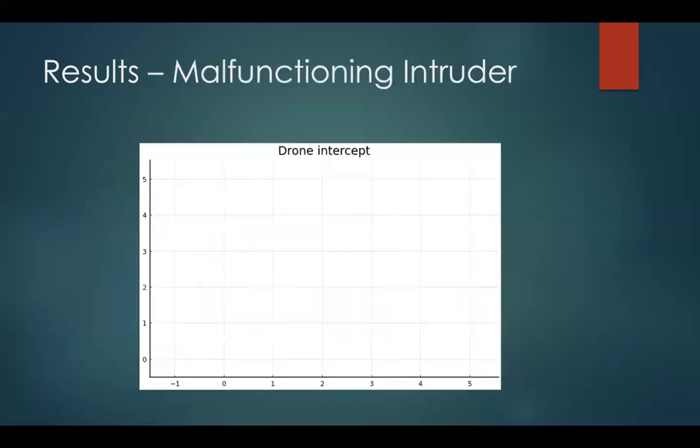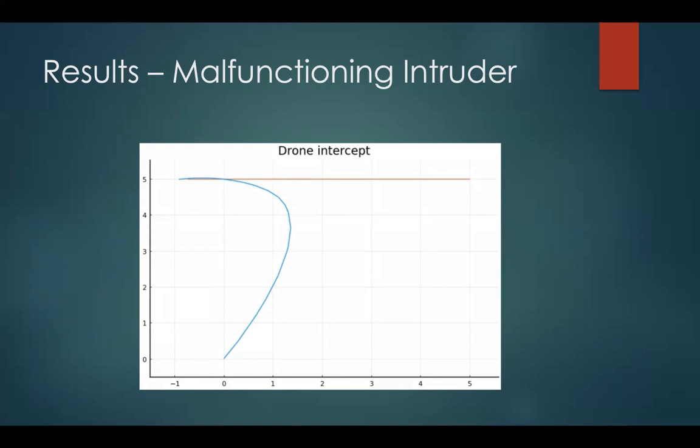So here we have an animation of the first case, the malfunctioning intruder with a constant thrust. The paths each drone takes over time look like this. So as you can see, the friendly drone tries to intercept and eventually does intercept the constant thrust drone.